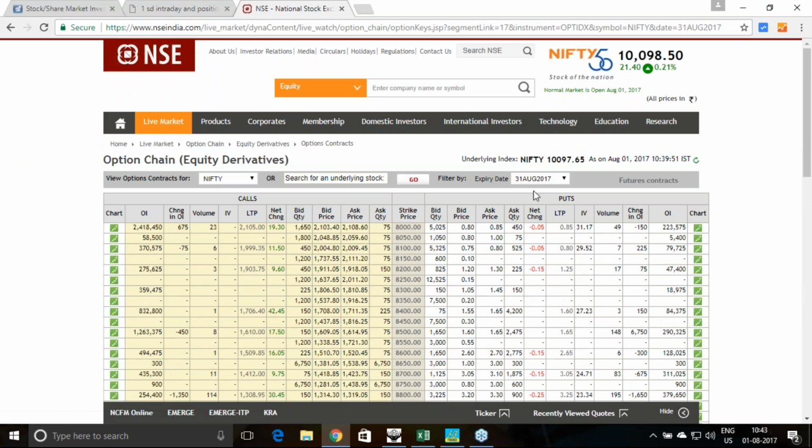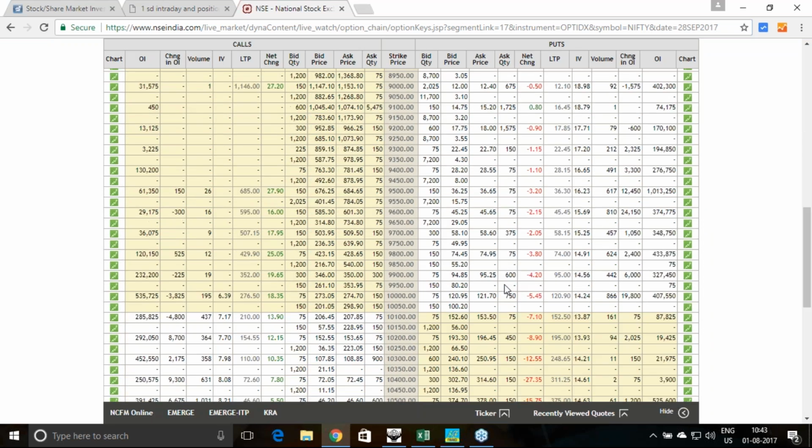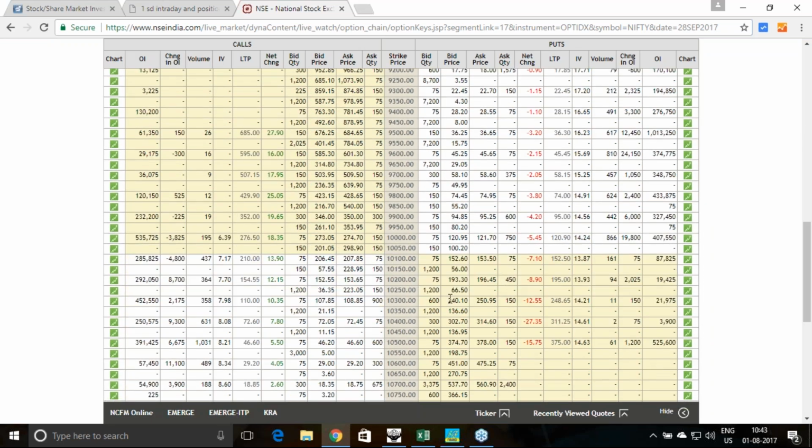I will now focus on September. The 48 rupees that I have paid, I just don't wish to pay that. So I just want to get back that 48 rupees. So I am getting a 10,500 strike, which is at 46 rupees in September.